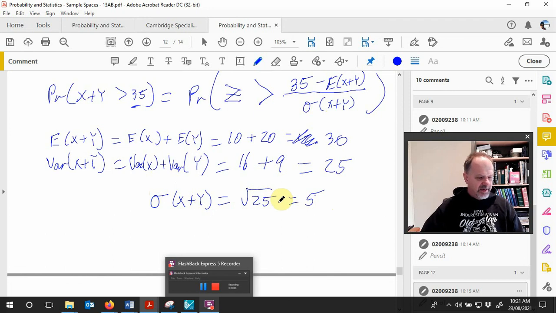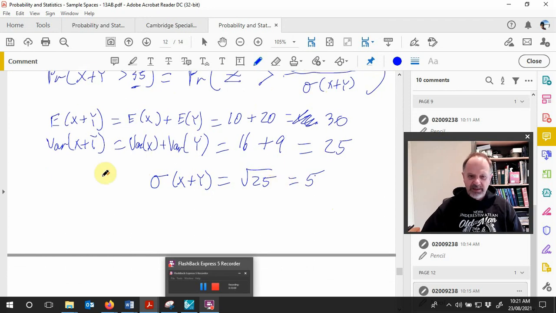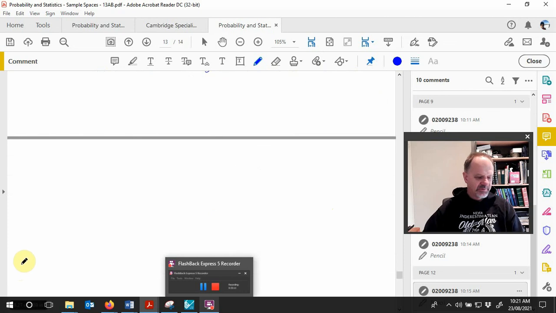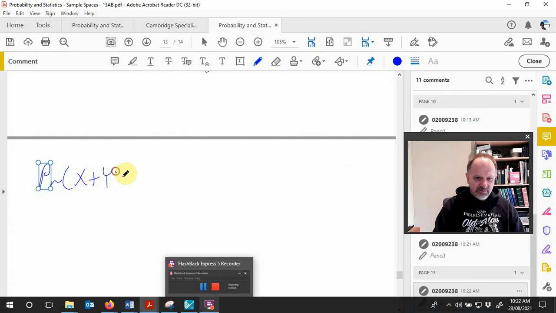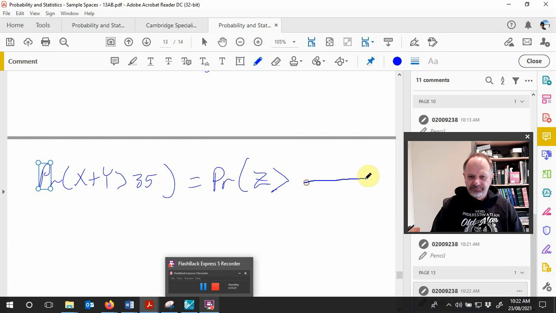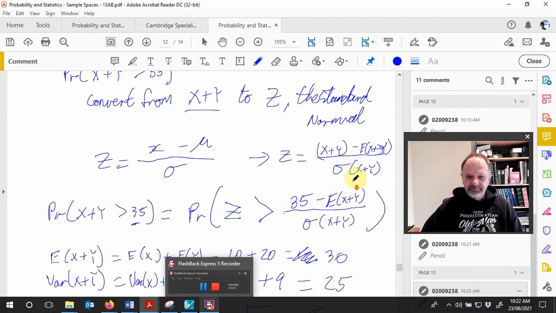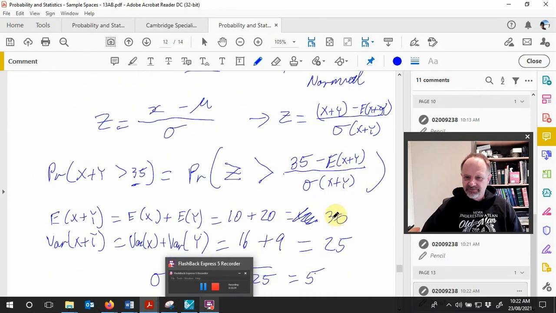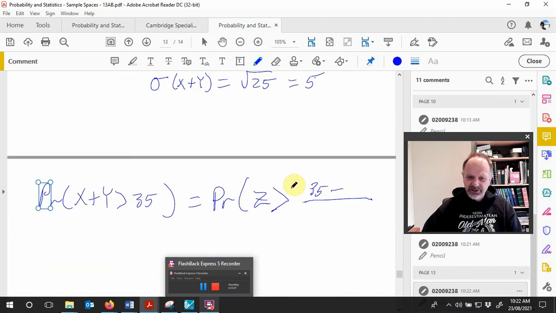All right, so let me now rewrite this here on the next page, but I'm going to change some things. So the probability that x plus y is greater than 35 is equal to the probability that z is greater than 35 minus the mean, which was 30, over the standard deviation, 5.